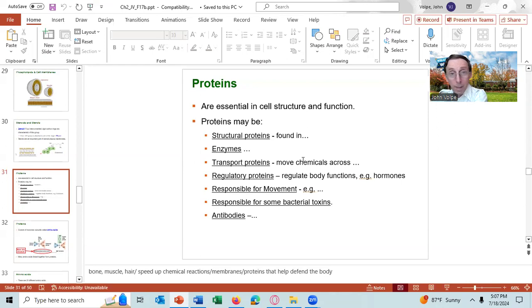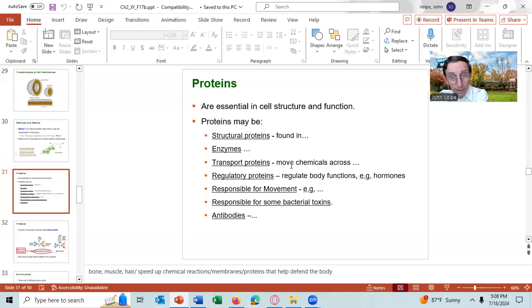Proteins do many different things. There are structural proteins, and you can find these proteins in bone, muscle, and hair. There are also proteins that are an enzyme, meaning they make up the enzyme, and they speed up chemical reactions for the cell or the organism.